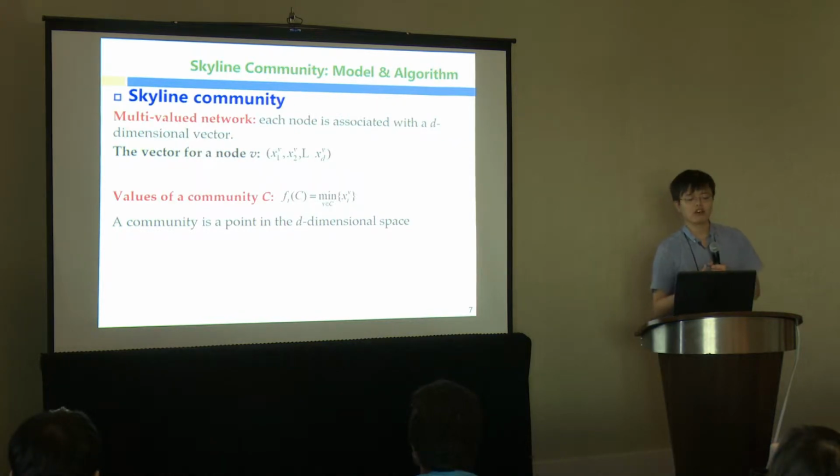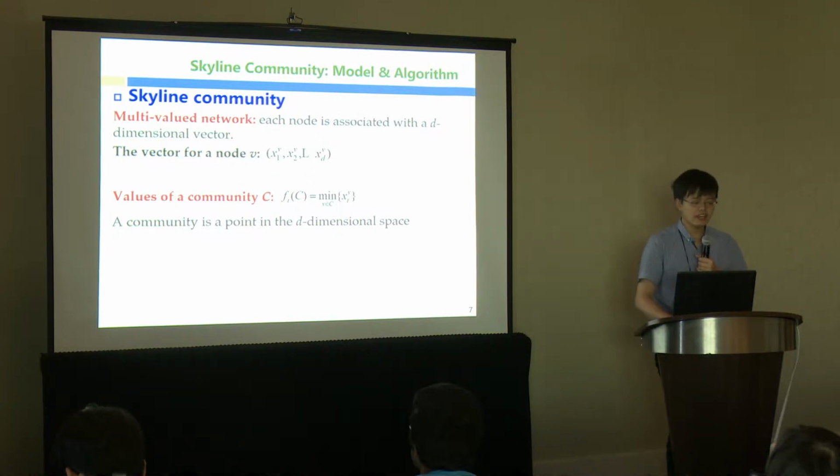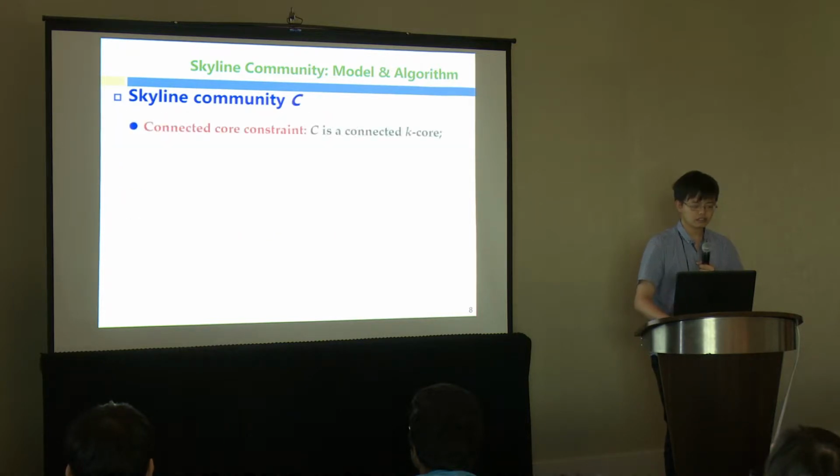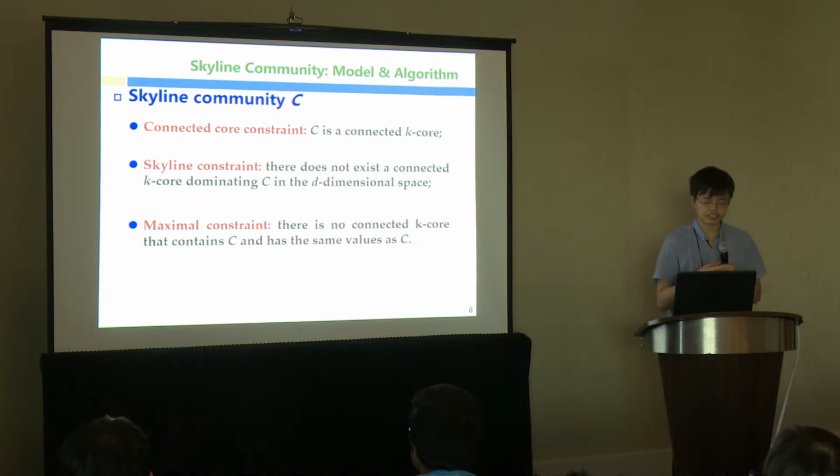Here we give the model for community search in the multi-value network. In a multi-value network, each node is associated with a d-dimension vector, and for the community, for each dimension we select the minimal value in the community. In the Skyline community, we give 3 constraints. At first, it should be a connected K-core, so the community which we detect will be a cohesive subgraph.